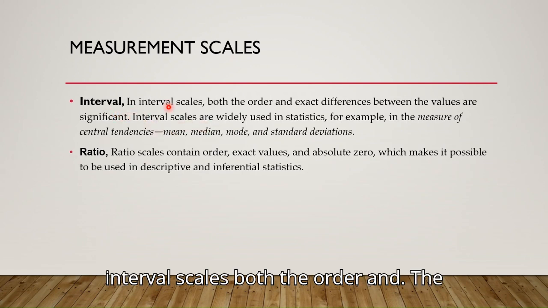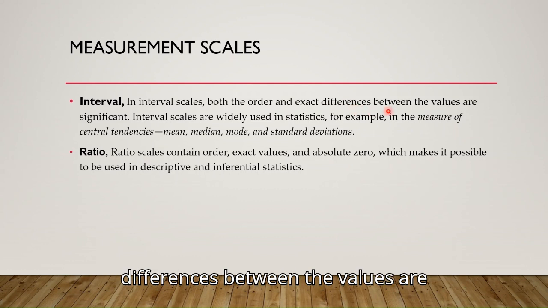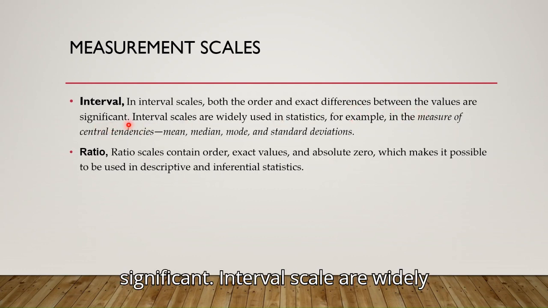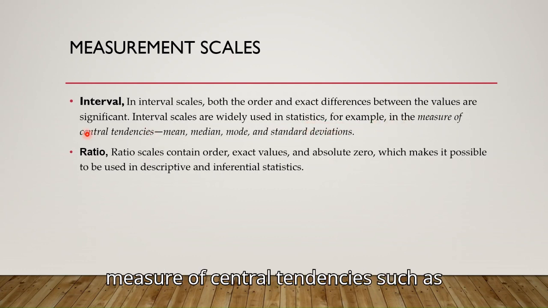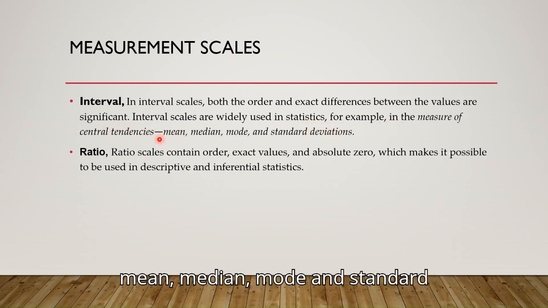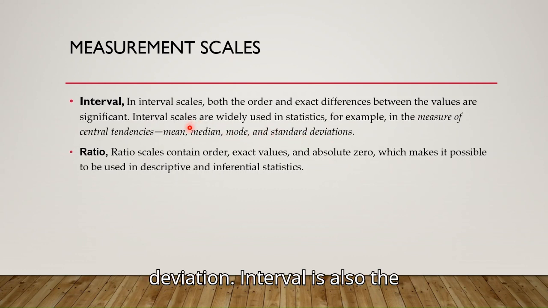And then interval scales, where both the order and the exact differences between the values are significant. Interval scales are widely used in statistics, for example, in measures of central tendency such as mean, median, mode, and standard deviation.